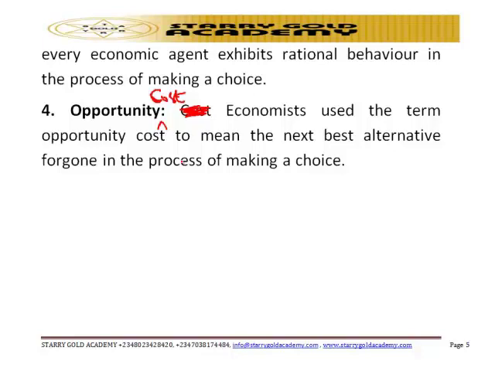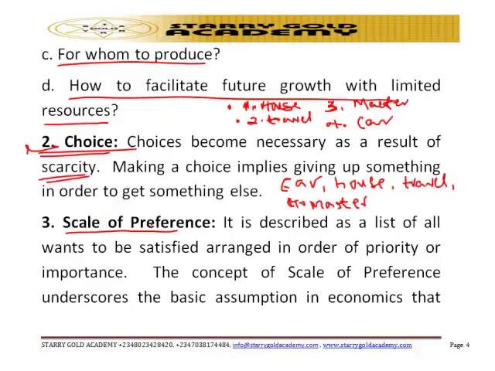So for instance, going back to my scale of preference, the first point was to have a house. The second one was travel.